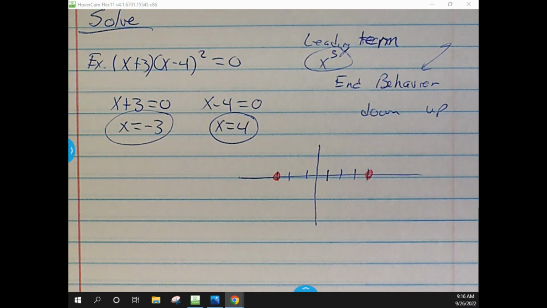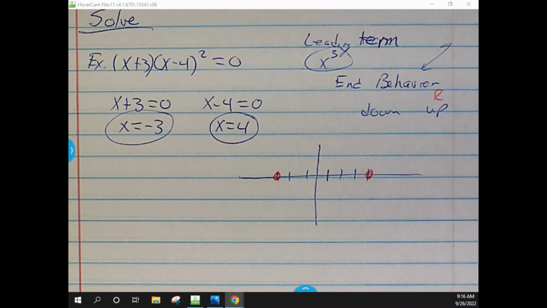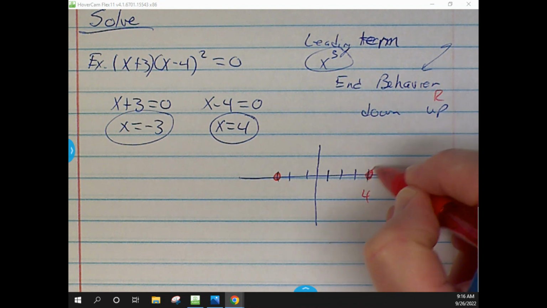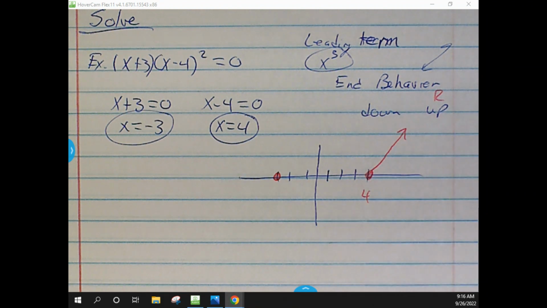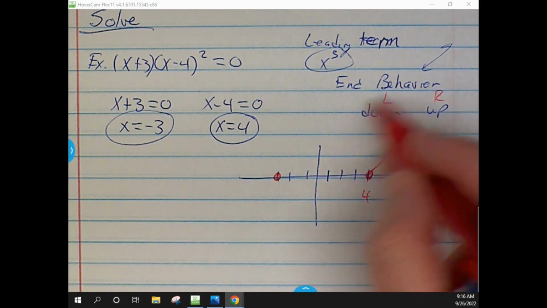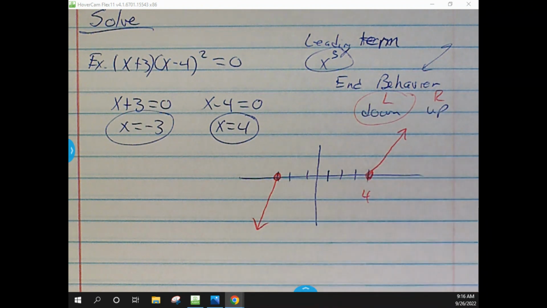On the right side of the graph, we know that everything on the right side is going up. So from the very rightmost zero that you have, that would be here at 4, we know that this thing is going to go in this direction. And everything from the leftmost zero has to go down.